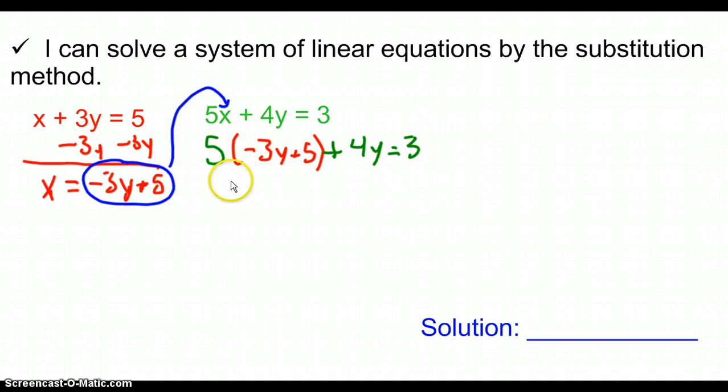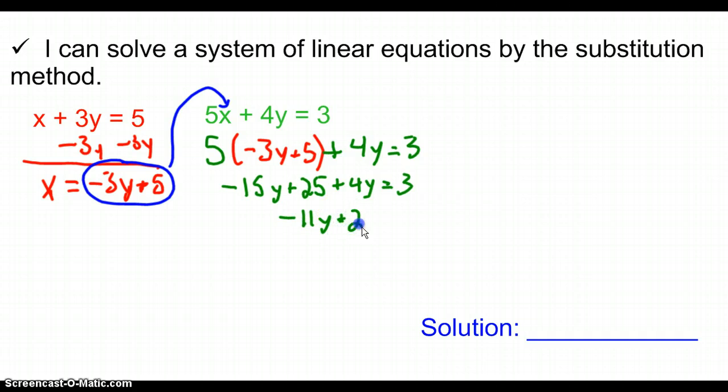And so if we distribute, we have negative 15y plus 25 plus 4y equals 3. Combining like terms, negative 11y plus 25 equals 3.